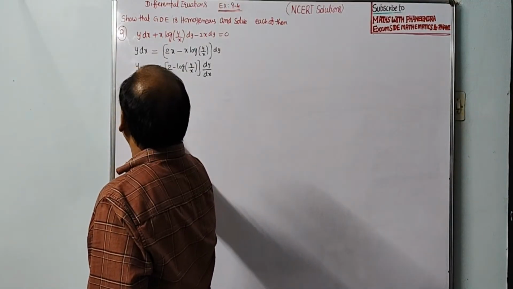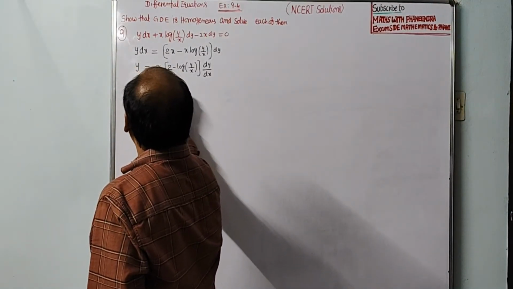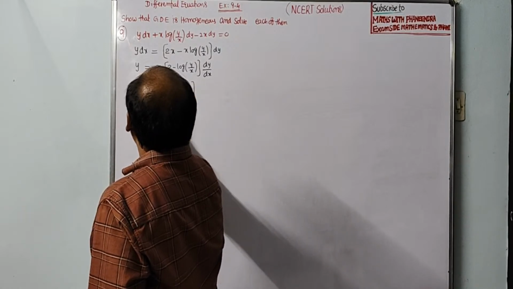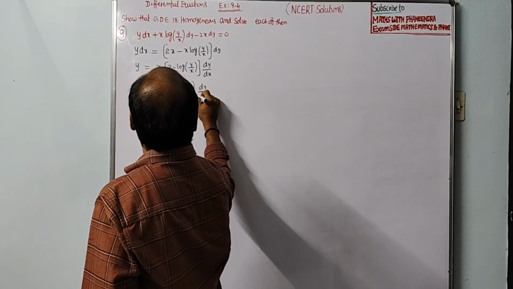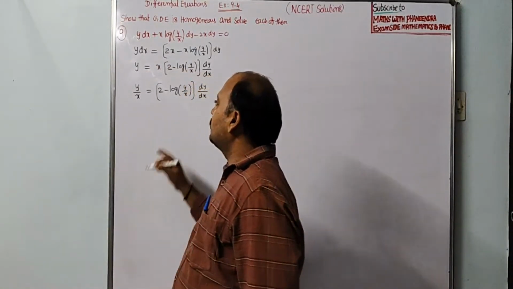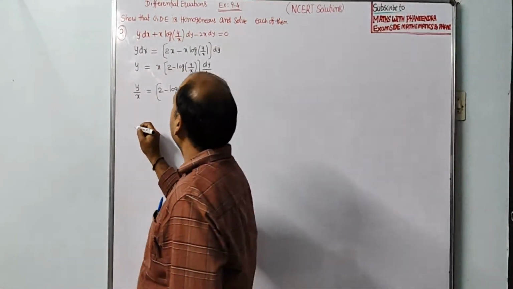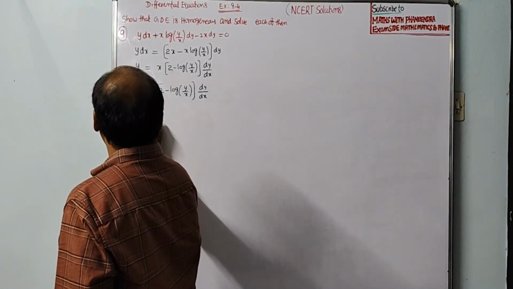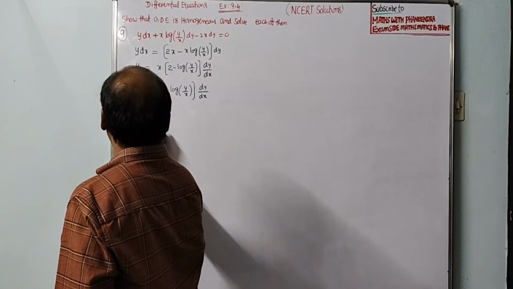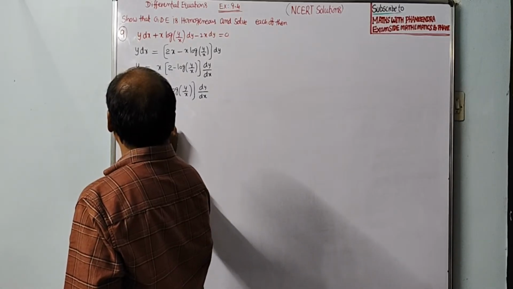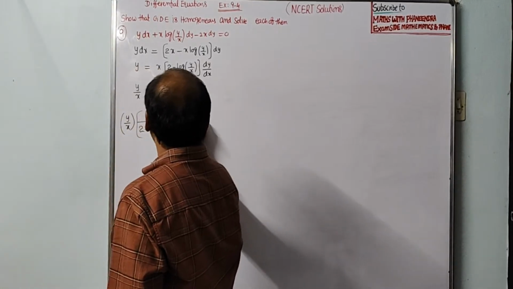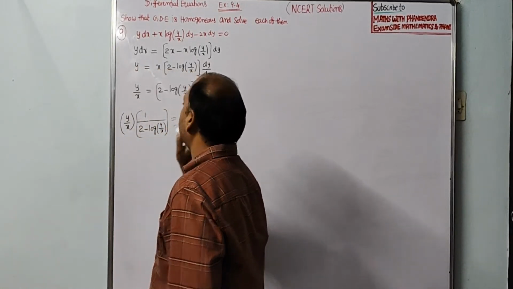So y by x equal to 2 minus log of y by x into dy by dx. So this value completely bring to the side. So y by x into 1 by 2 minus log y by x is equal to dy by dx.